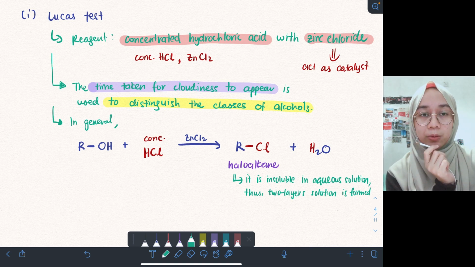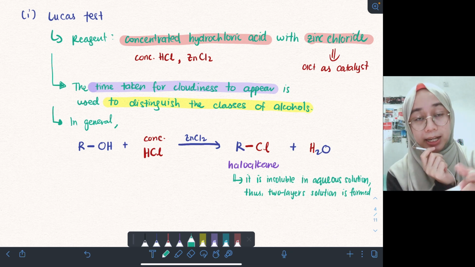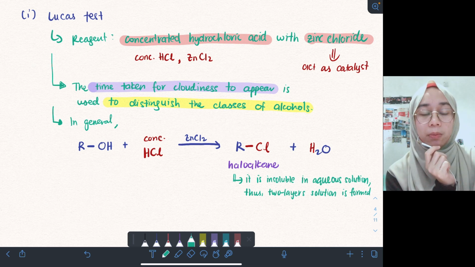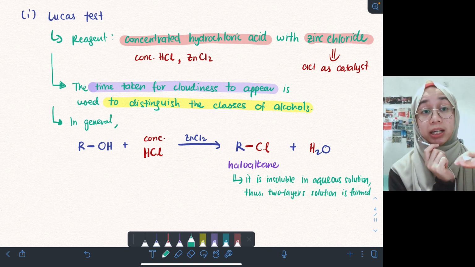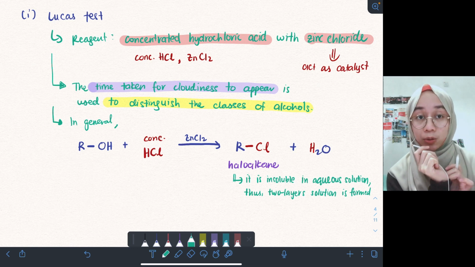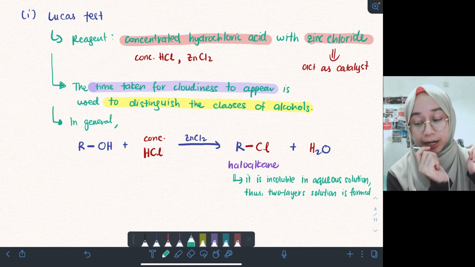So disebabkan kewujudan haloalkane tu tadi, and haloalkane kan dia produce juga water kat sini kan, side product dia water tu, so somehow they don't mix well together, so sebab itulah kamu akan nampak ada 2 layers solution is formed. But usually ini bukan main observation yang kita nak tengok. Our main observation is more to the cloudy solution tu nanti, berapa cepat dia akan terhasil.